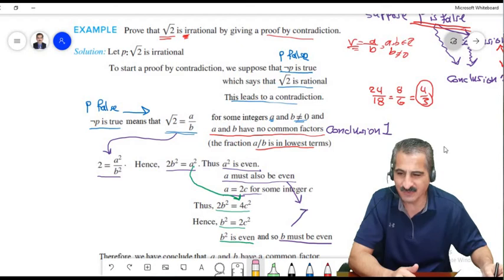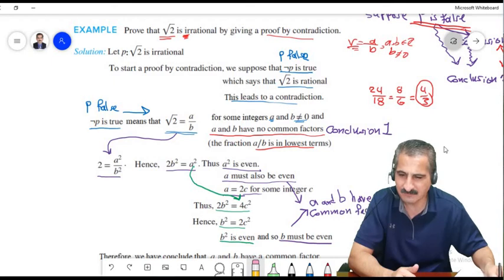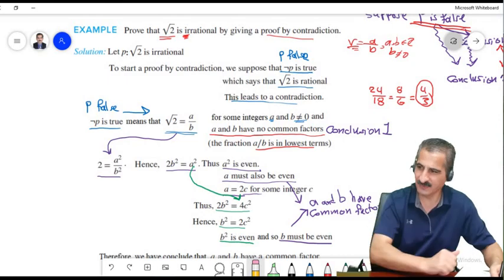These two things will make us conclude that A and B have a common factor. So they have a common factor.